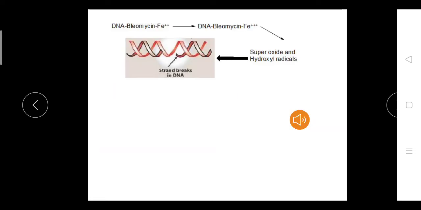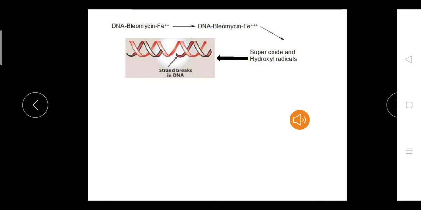Here you can see the DNA bleomycin ferrous complex causes reduction of oxygen, converting to ferric ions, and the reduced oxygen produces superoxide and hydroxyl free radicals, and it causes the breakdown of the DNA strands.